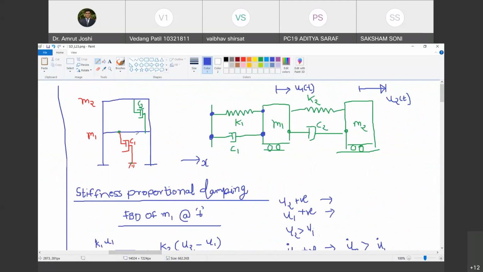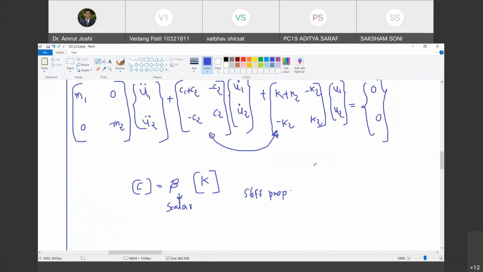Here, see what the change is. The first damper is between the first degree of freedom and ground. The second damper is between the second degree of freedom and the first degree of freedom. The third damper is between the third mass and the second mass. The fourth damper is between the fourth mass and the third mass. So the dampers are not always connected to the ground. They are connected between the successive masses. So the damping force prevails between successive masses. In this situation, the damping that you are likely to get is stiffness proportional.